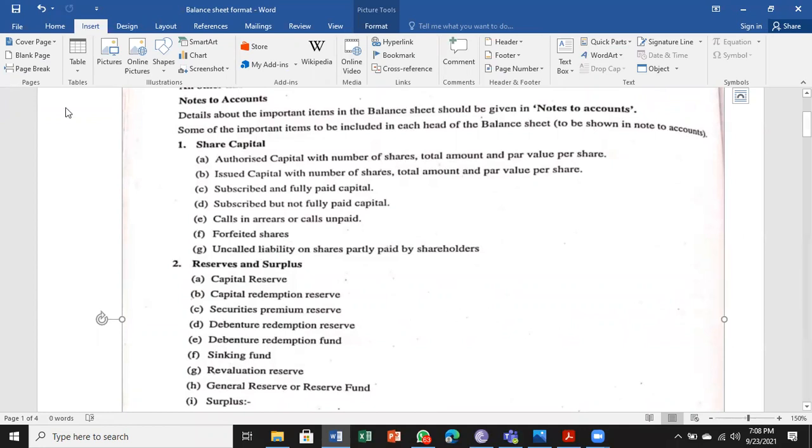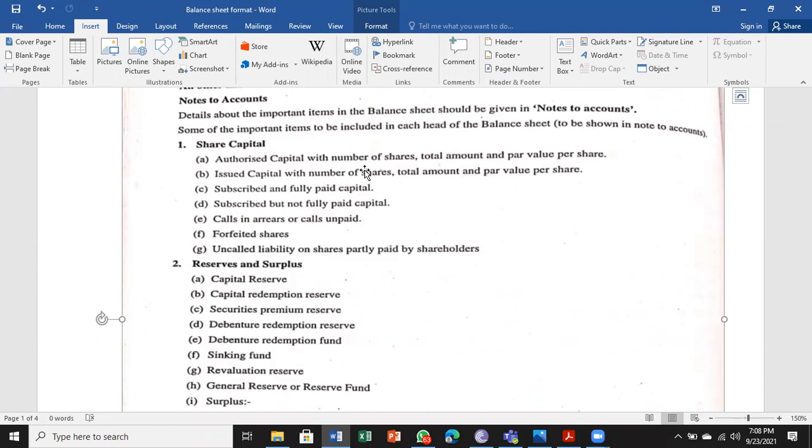The list is here. I'll share it with you later. Under share capital, you're going to find the categories of different shares. First one, authorized capital. So what is authorized capital? You have to know. It may come for your 1 mark question or 2 marks question.